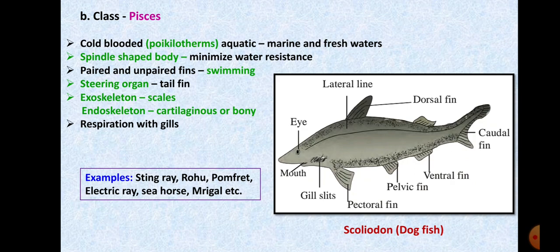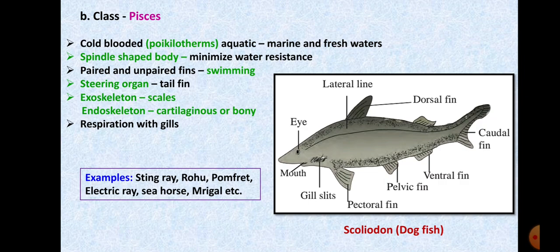Okay, paired, sometimes 2 pectoral fin, 2 pelvic fin, sometimes unpaired, single pelvic, single pectoral, single lateral fin, single dorsal fin, single ventral fin, and the fin at the tail part is called as caudal fin. Now these fins help them swim. Just like when we swim in the water with the help of hands and legs, we keep moving ahead. Similar way here, the fins of the fishes help them to swim.